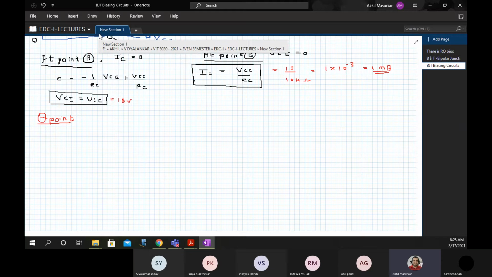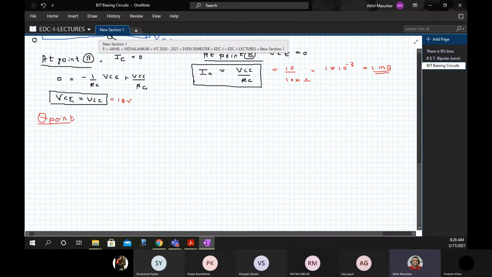So when you don't apply any signal at the base of the transistor, the voltages and currents flowing at that time will decide the Q point. The Q point defines the DC conditions in the circuit. Very important: when we do DC analysis, we will always calculate the Q point.